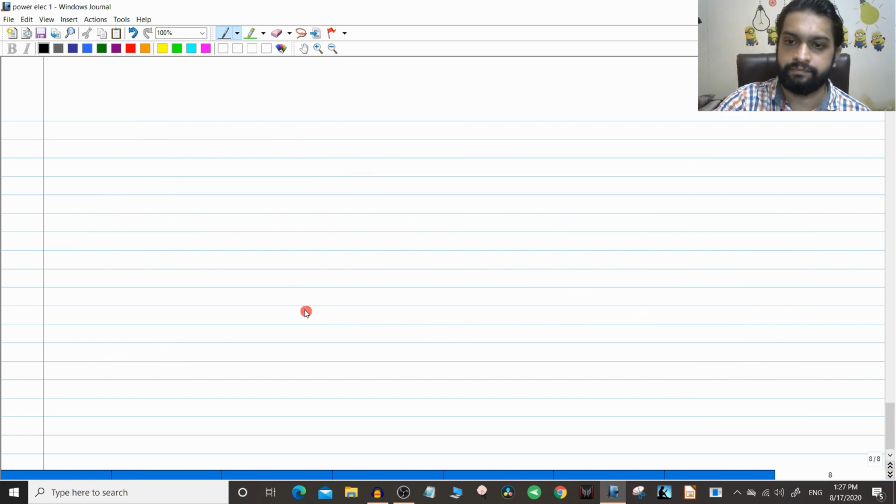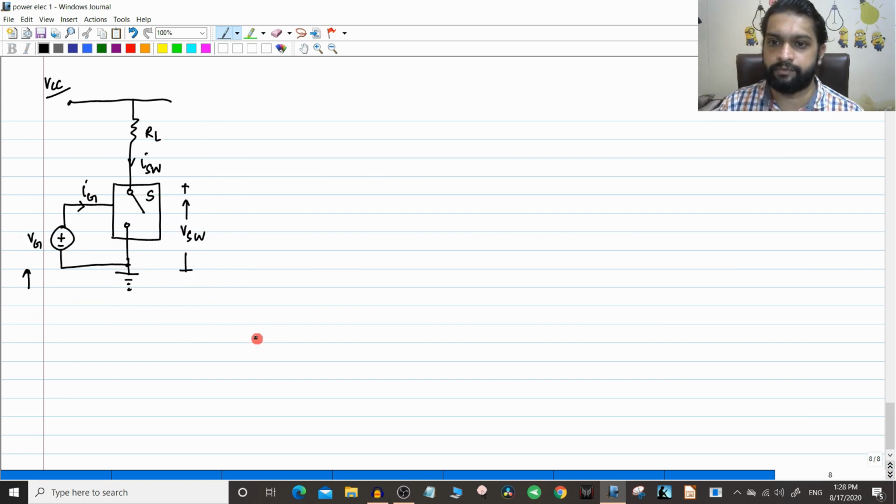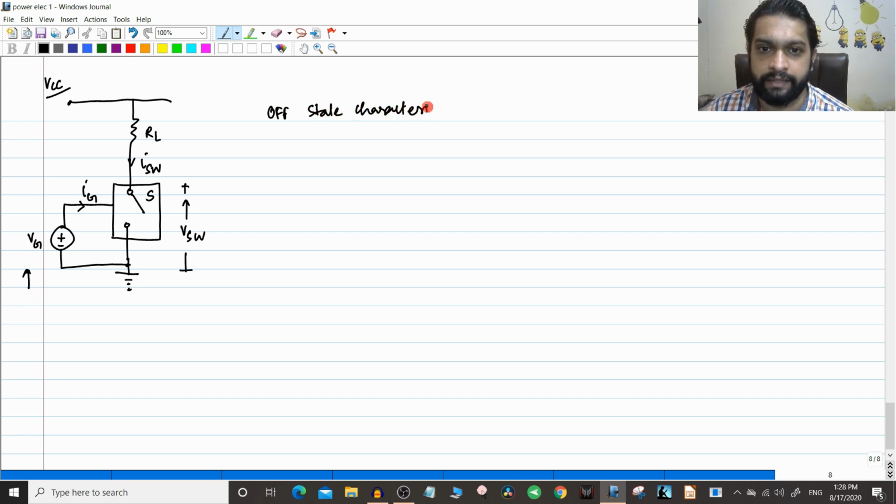Second one, we will keep this diagram throughout with us, is the off state characteristics. Off state characteristics means once for example the gate signal is not applied, so the switch is in the open condition. So let us see what will be the off state characteristics of an ideal switch. Now when the gate signal is not applied, the switch should not turn on.